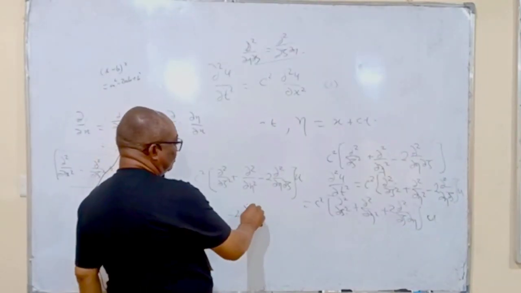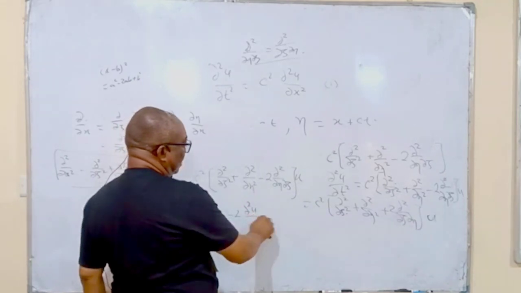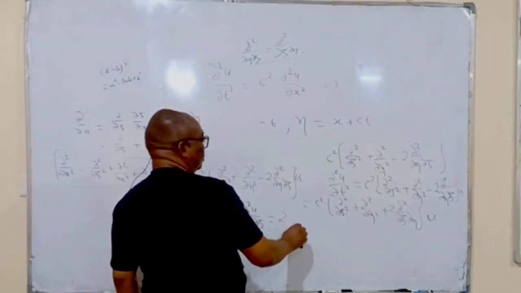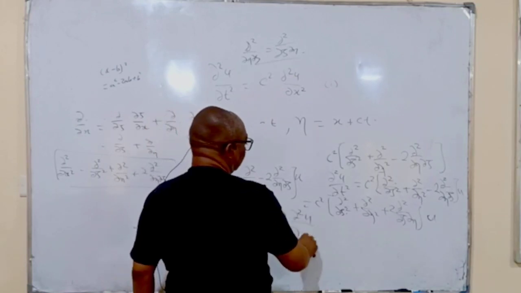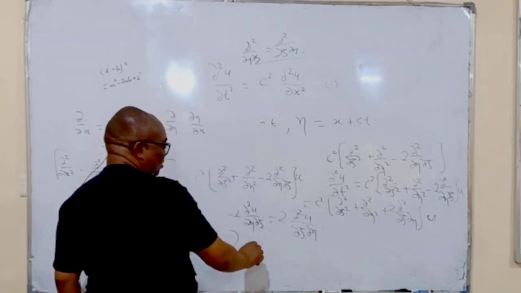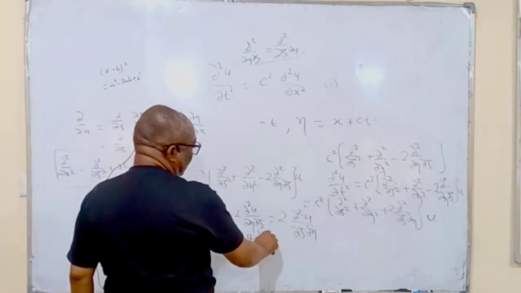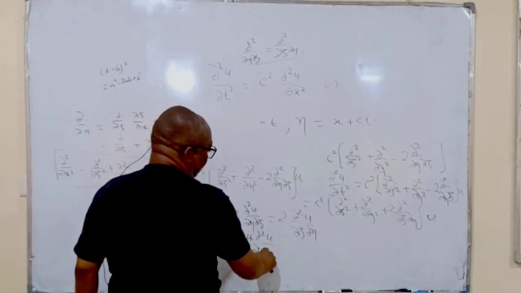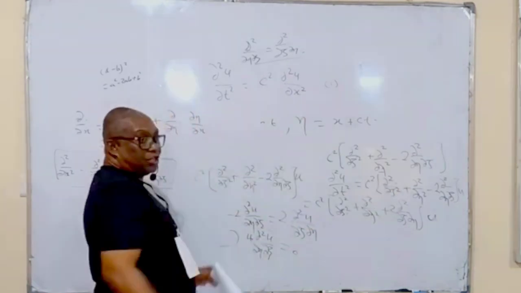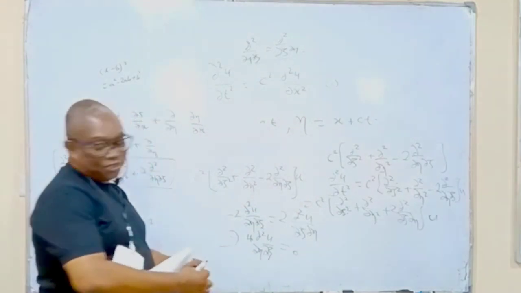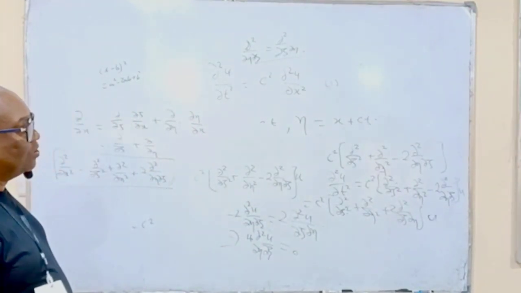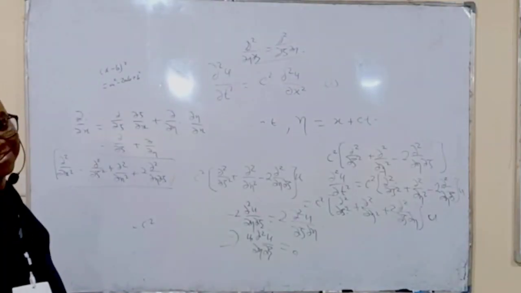Minus 2 partial 2u by partial η partial ξ equal to 2 of partial 2u partial ξ by partial η, which actually gives you 4 of partial 2u by partial η partial ξ equal to 0, which of course gives you equation 2.6.